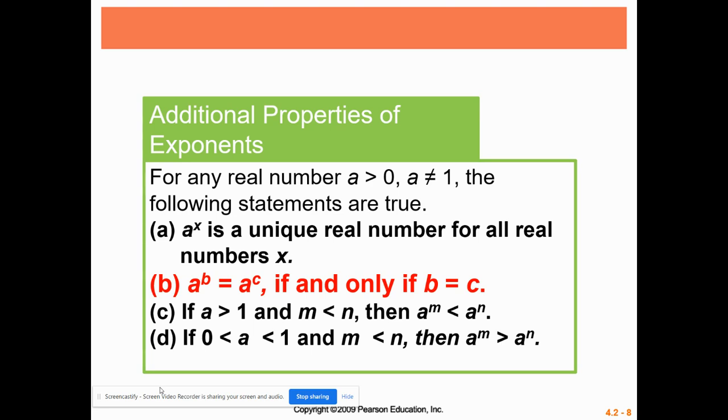So as long as a is not 1 and a is greater than 0, these 4 properties apply. The most important property is the one in red. That's the one we're going to use to solve some equations in a few examples. A to the b equals a to the c if and only if b equals c. In other words, if the bases are the same, the exponents are equal, and vice versa.